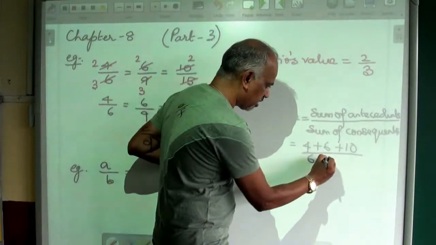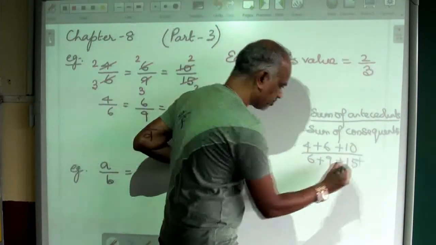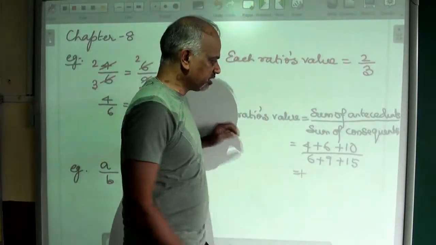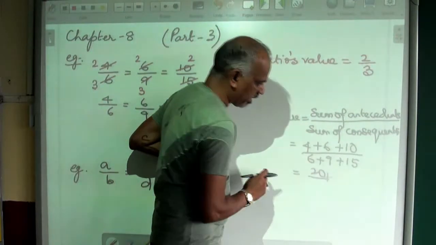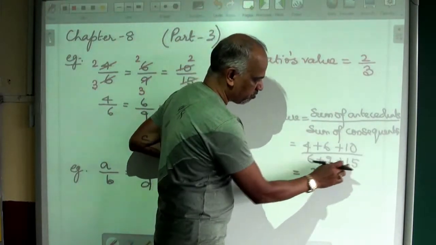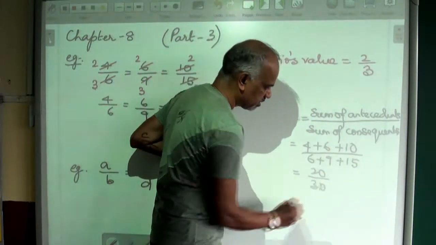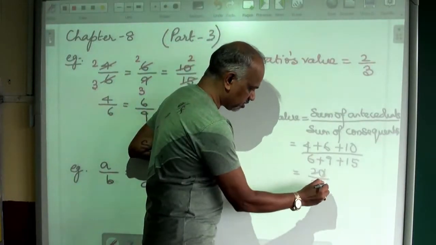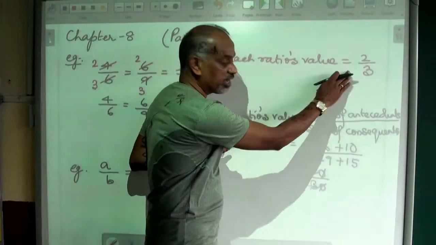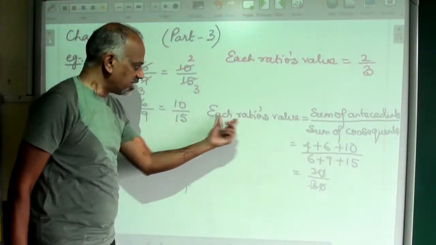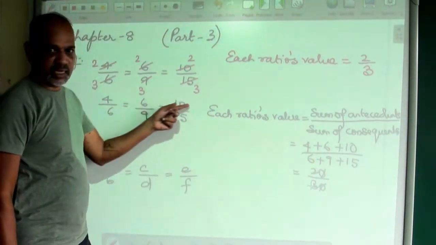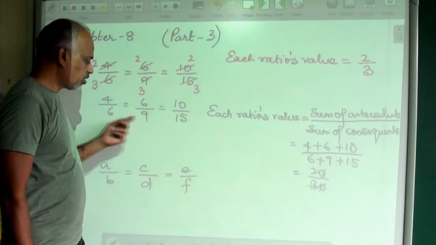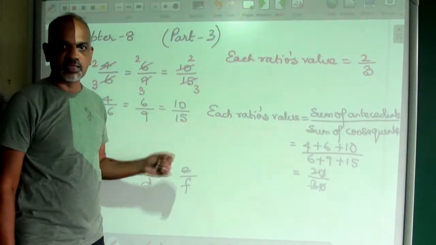On simplification this becomes 20 divided by 30. You can simplify this, zero and zero gone. 2 by 3 is what you get. So each ratio's value you will get by adding the antecedents and the consequents and dividing them.